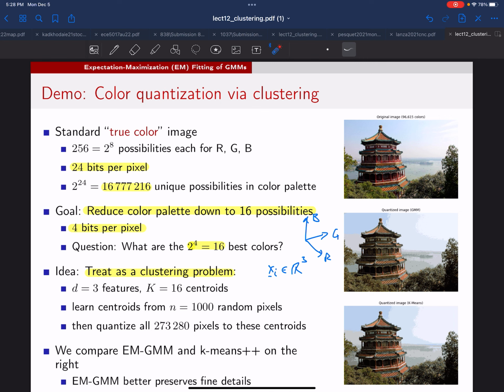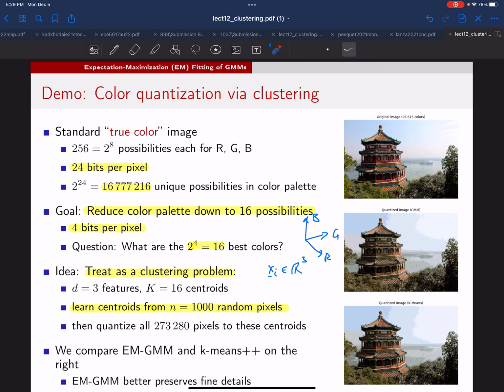And we want to figure out 16 different centroids within this space, 16 numbers that are going to be, in some sense, closest to the original data. So we want to learn these centroids. Now we're not going to use all the samples from here. We're going to use 1,000 random pixels just to speed things up. The total number of pixels in this image is 273,000. So that would take maybe too long to run the EM algorithm. So we're just going to use 1,000 samples.